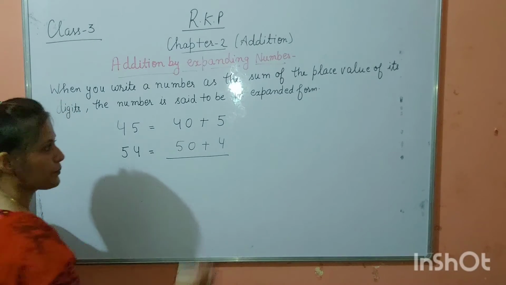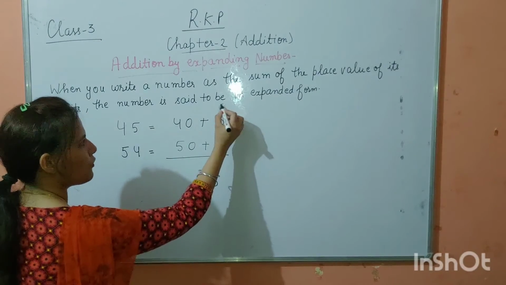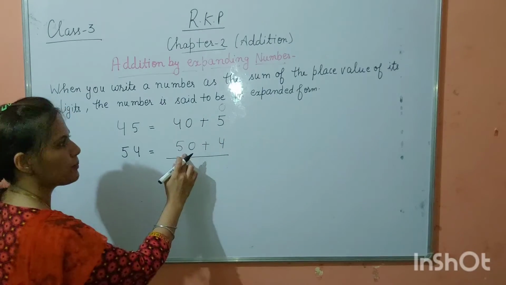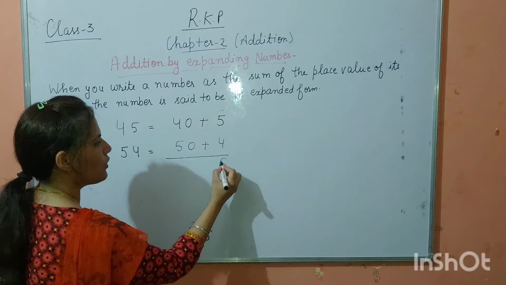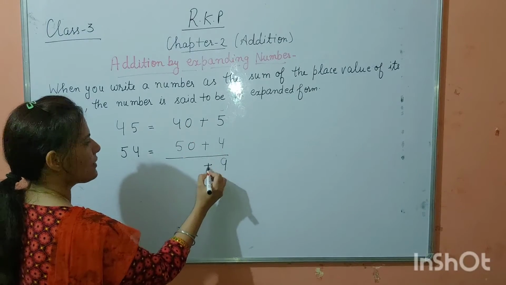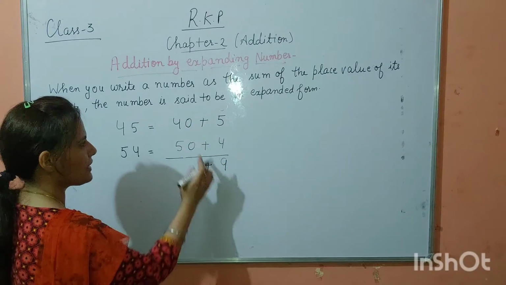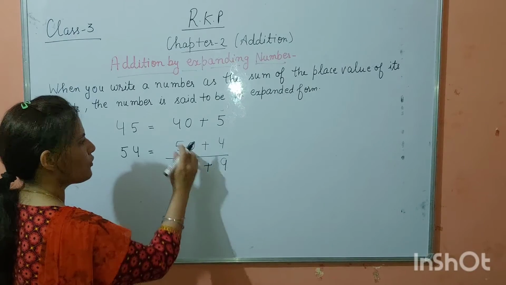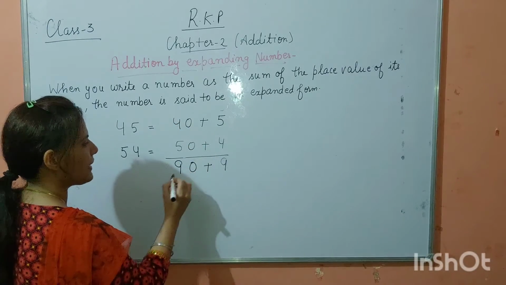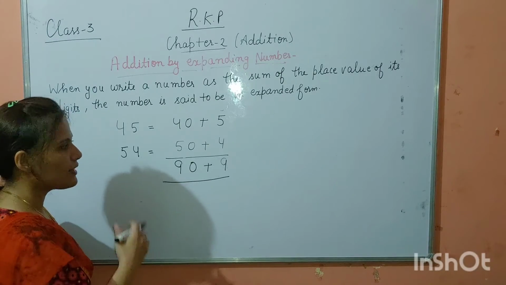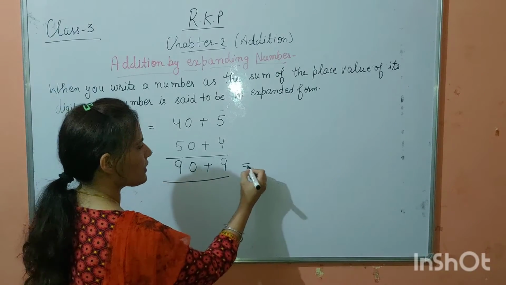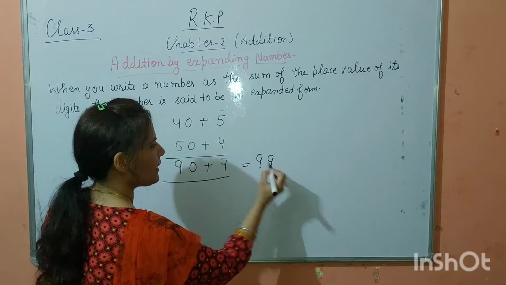Now add it. Add the 1's places and the 10's places. Okay, now add 5 plus 4, 9. The plus sign will come as it is. 0 plus 0, 5 plus 4, 9. This is your expanded form. When you write in standard form, this will become 99.